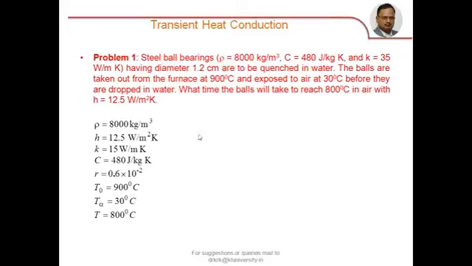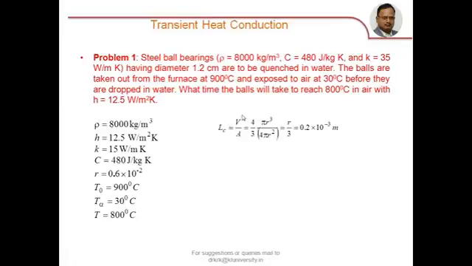So density is 8000, h value 12.5, thermal conductivity 15 watt per meter Kelvin, specific heat of the ball 480 joule per kg Kelvin, radius of the ball 0.6 into 10 power minus 2 meters, initial temperature 900, environment temperature 30, and 800 degrees centigrade is the temperature at which it will arrive.